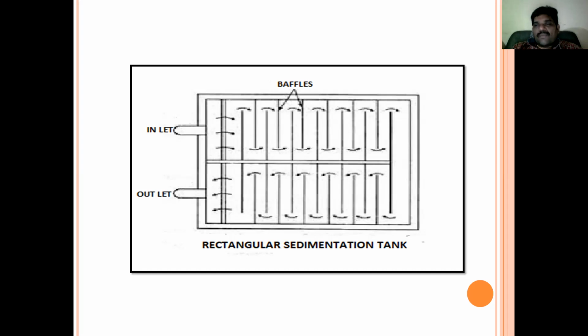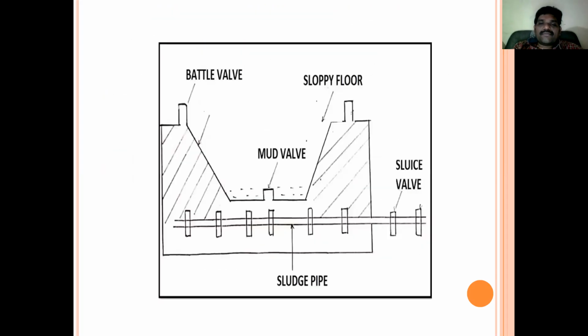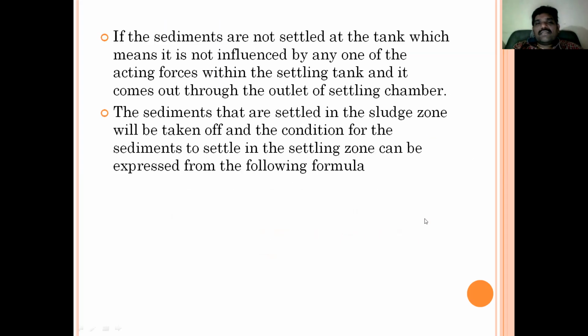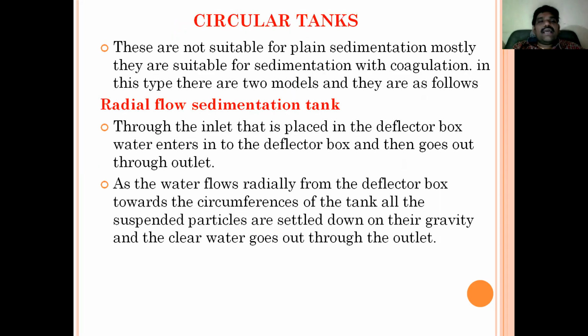The bottom area of every baffle zone is sloping. That sloping area is connected to the sludge pipe, through which the settled particles will be taken off. This is about the rectangular sedimentation tank, and it is about the radial flow sedimentation tank.